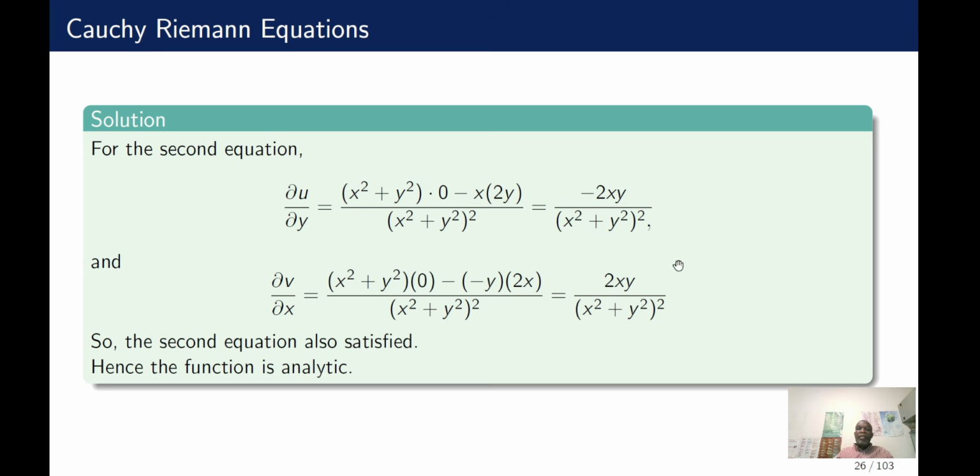If you do that, then you have 2xy over x squared plus y squared, squared. So the second equation is satisfied, because these two have different signs. If they have different signs, then one is the negative of the other. So those two are satisfied.